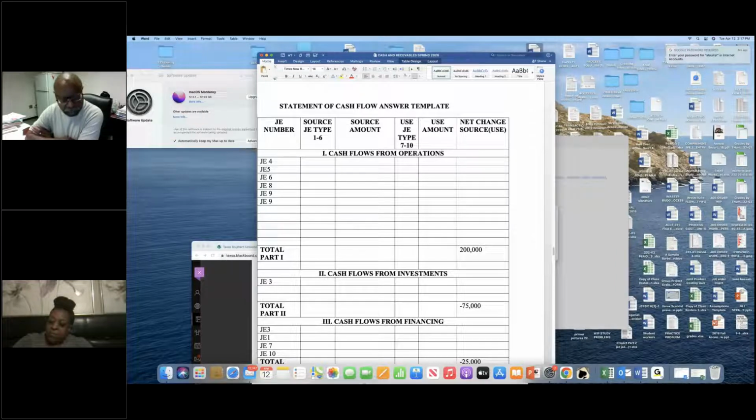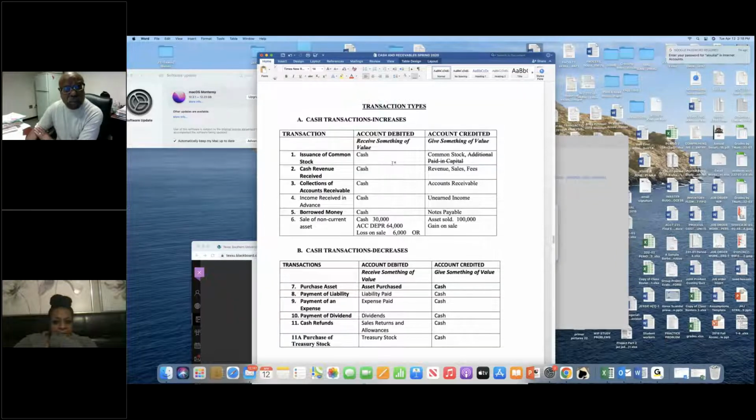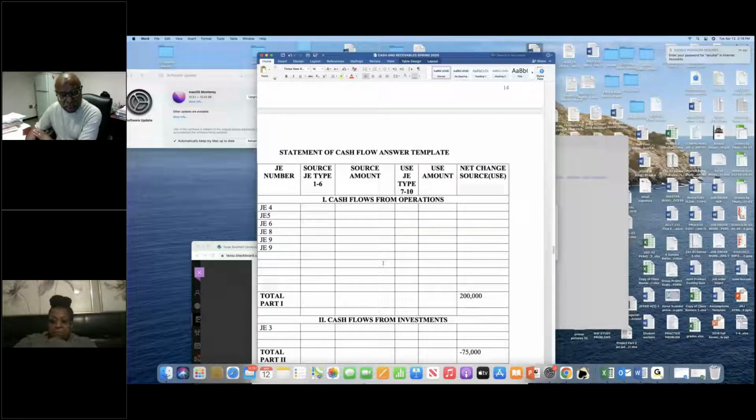And we'll get back to this next time. But when we look at these journal entries, there are locations for these journal entries on the statement of cash flow. Now, remember we said there were 3 parts: cash flow from operations, cash flow from investments, cash flow from financing.